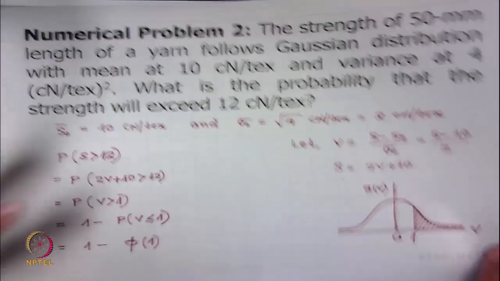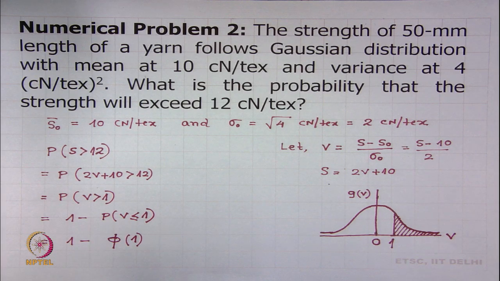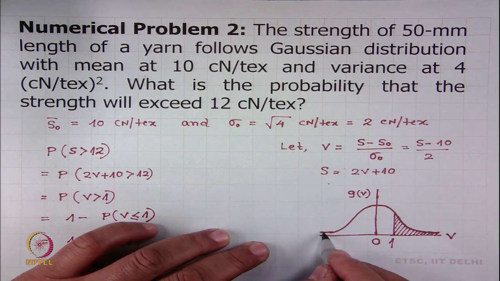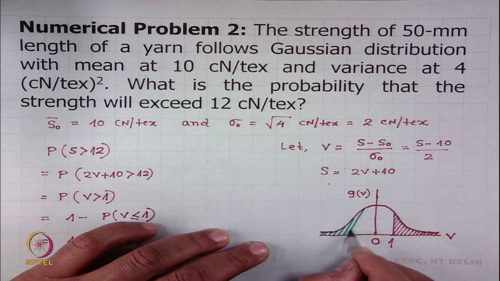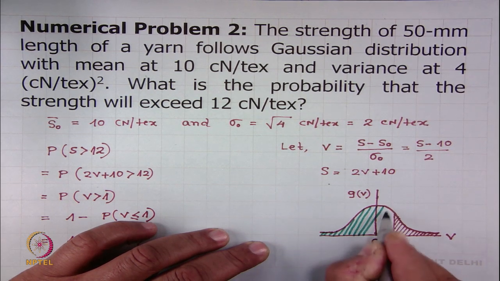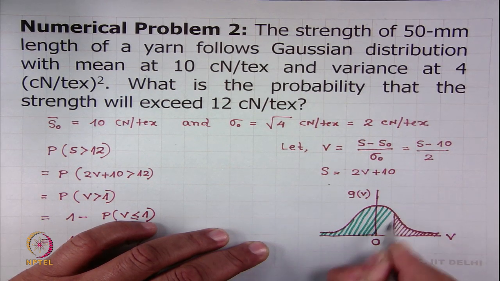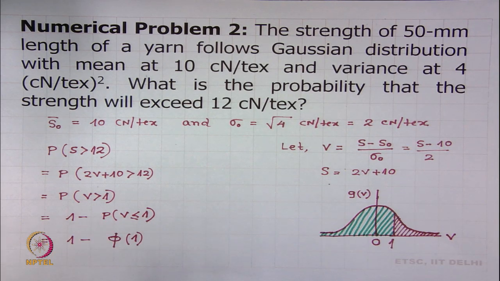So, if you come to this table, that means we are trying to find out, suppose let us use this green color, the area hashed with this green color, right.